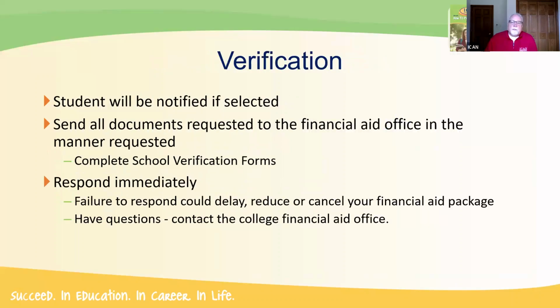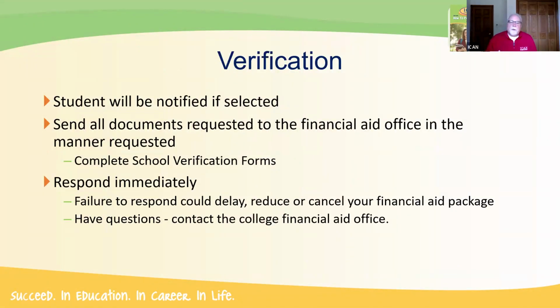Now, sometimes when a student has applied for financial aid, they might have been selected for a process called verification. That just means that the college is required to go back and ask for some documentation of certain things on the application. It doesn't mean they think you lied on the application. It's usually random. But the point is, this is all in the student's name.